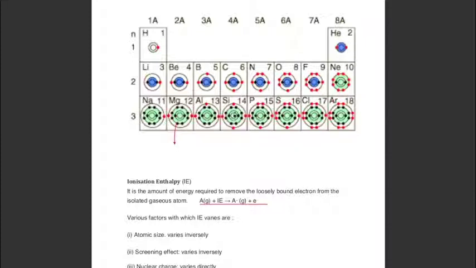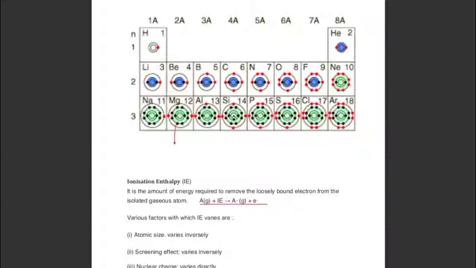That means these electrons are bonded with weak force of attraction with the nucleus. Weak force of attraction means by supplying a little amount of energy, an electron can be removed. So if screening effect is more, a lesser amount of energy is required for the removal of an electron, and in this way ionization enthalpy will be less. So the more the screening effect, the lesser the ionization enthalpy. That means it varies inversely with screening effect.